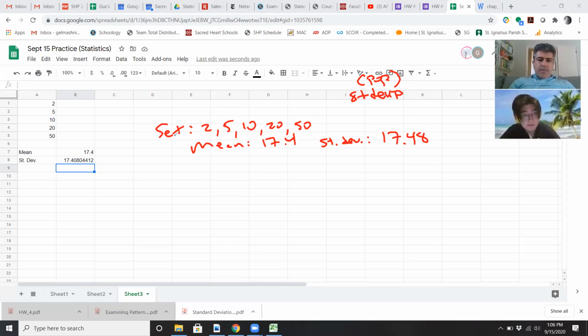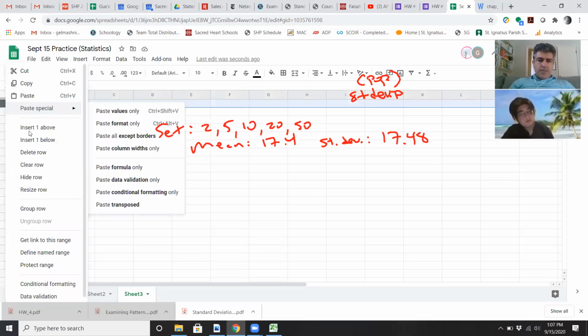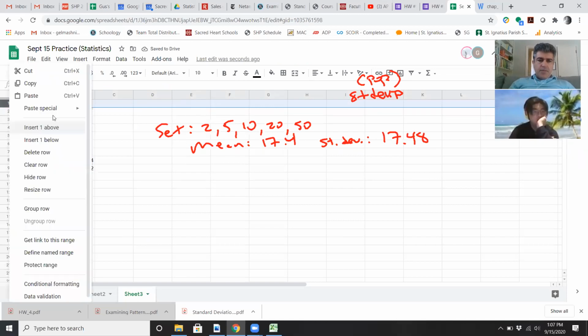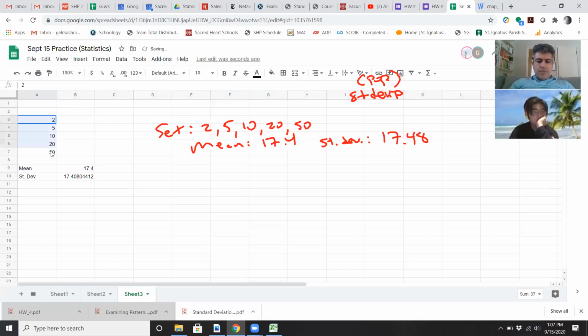And actually, just make this a little bit more organized. So you see by doing that control cut, it did enable me to change these formulas here.